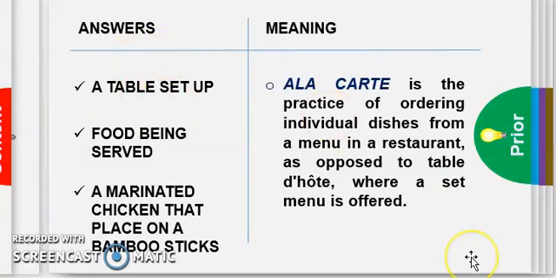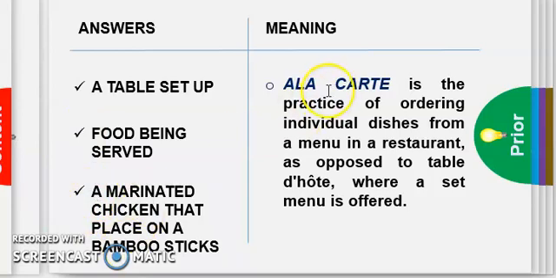To know if you have prior learning about a la carte, I have one question for you. Do you have any idea what an a la carte is? Most of your answers are a table setup, food being served, and a marinated chicken placed on bamboo sticks.